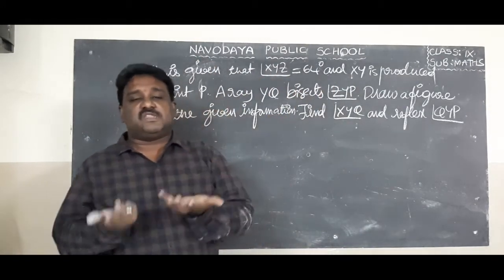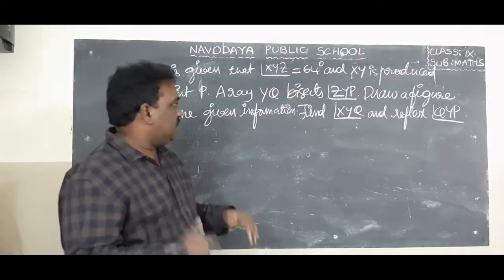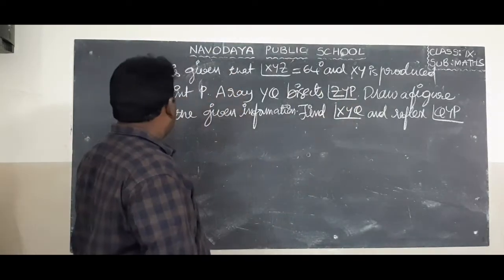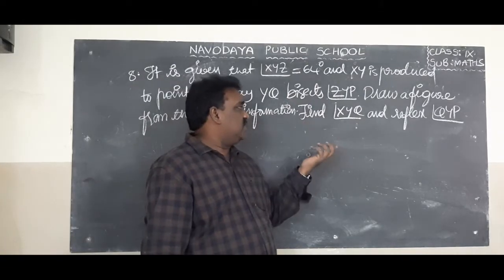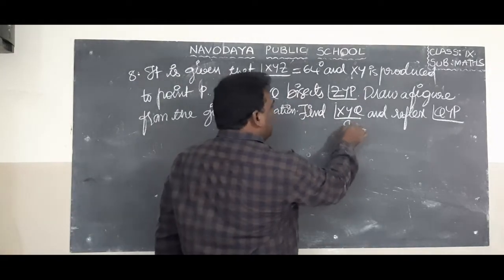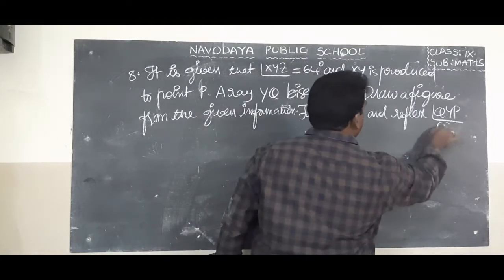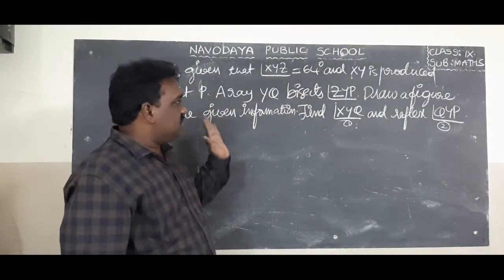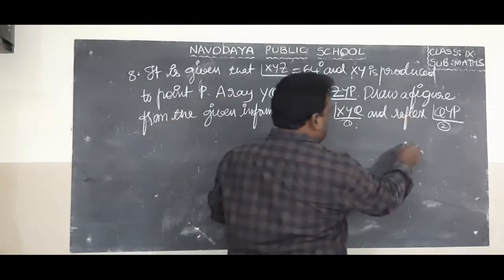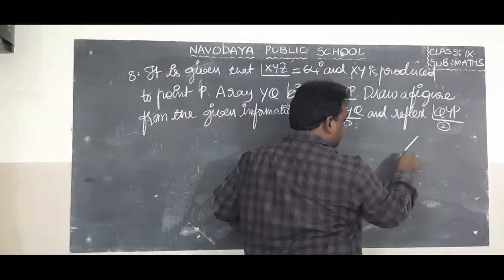What is bisects? Two equal angles. Next. So draw a figure by using the given information and find out two angles. Number one, angle XYQ. Number two, reflex angle QYP. So this is the information. So draw the diagram by reading the matter.